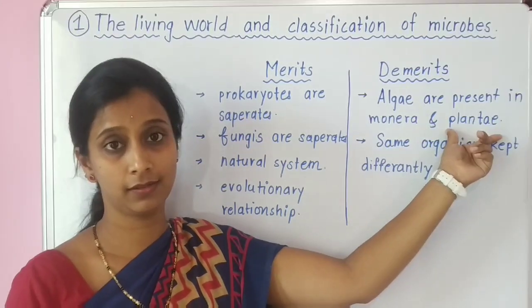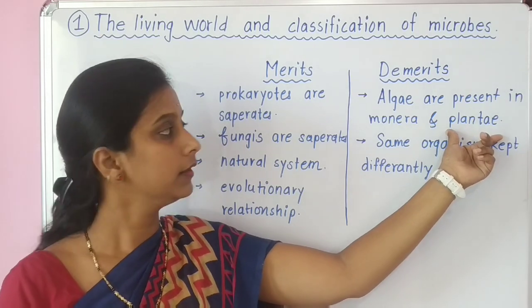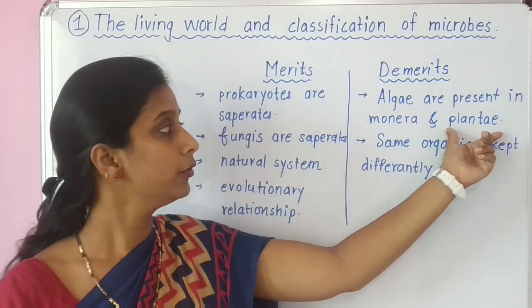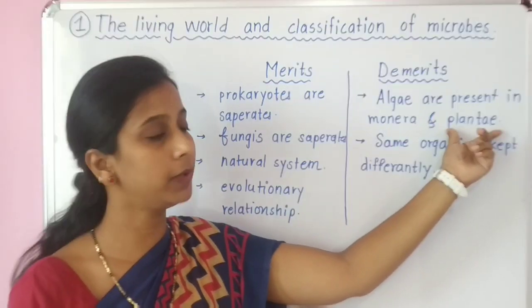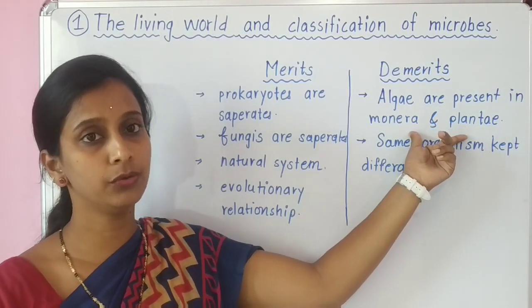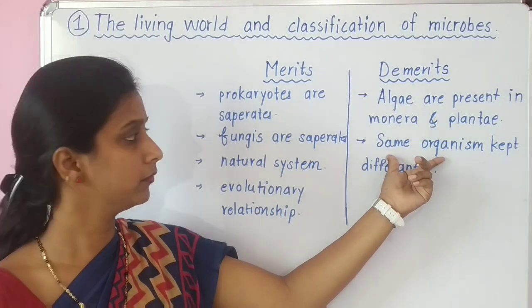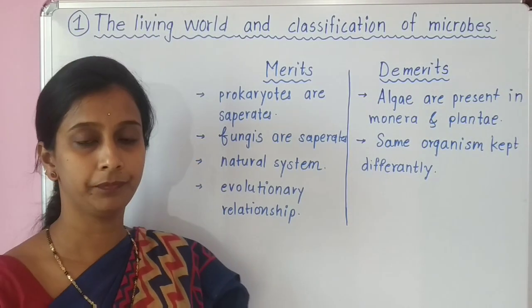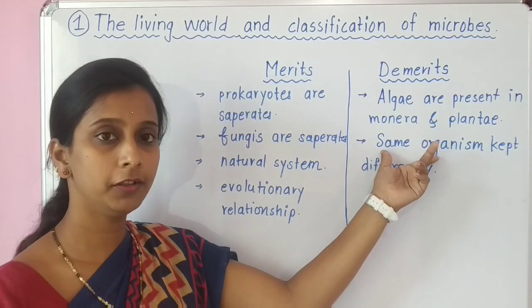But some complex multicellular algae are placed in the fourth kingdom, Plantae. As algae are present in different kingdoms, Monera and Plantae, it is very hard to study their characters. Next, the same organisms are kept in different kingdoms.